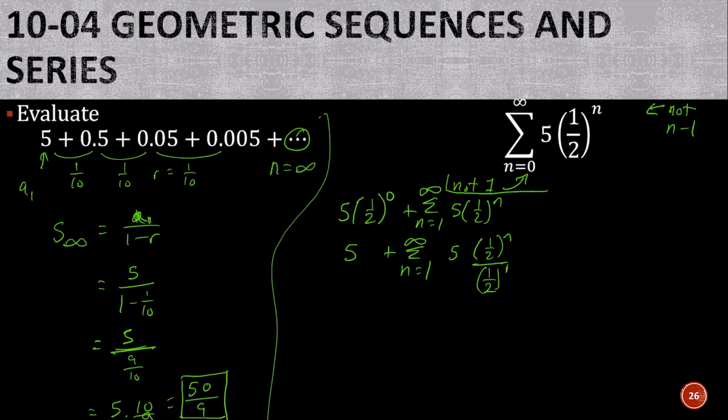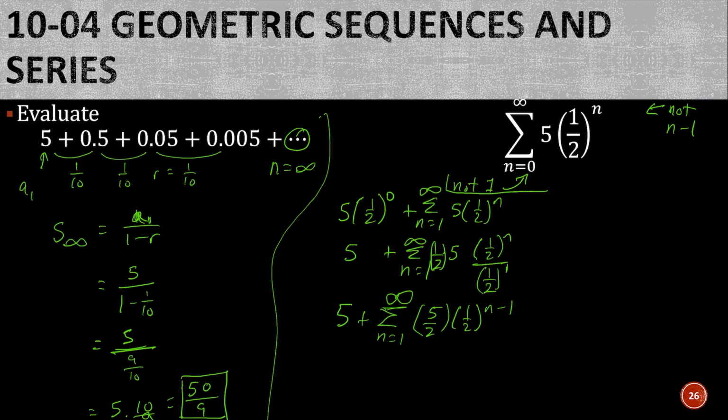But I can't just change the value of the thing, so if I divide by 1/2, I have to multiply by 1/2 also. Because when I multiply and divide by the same thing, it cancels out. So I haven't changed anything, I've just changed how it looks. So this would become 5/2, and this would be 1/2 to the n minus 1, because I subtract the exponents.